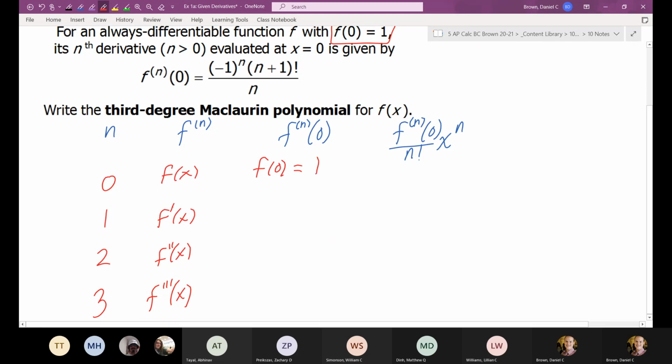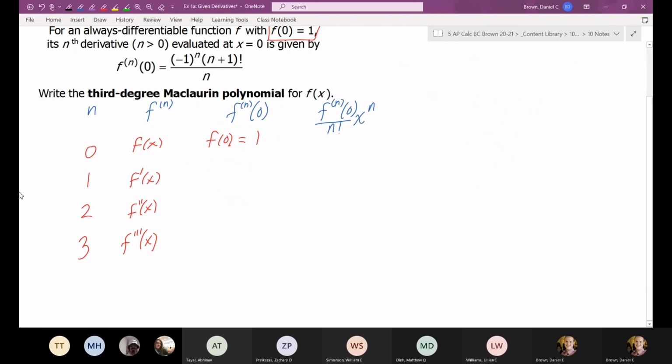The remainder of them are going to come from that formula that we have. So if I wanted to find the first derivative at 0, using that formula, I'll have -1 to the first, 1 plus 1, 2 factorial. I'm going to fix my handwriting. -1 to the first, 1 plus 1, we have 2 factorial all over 2.